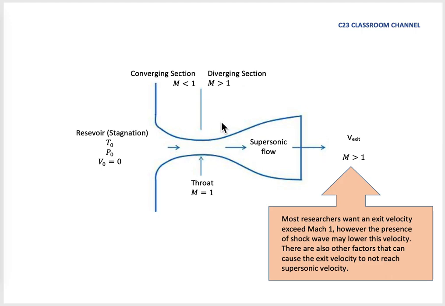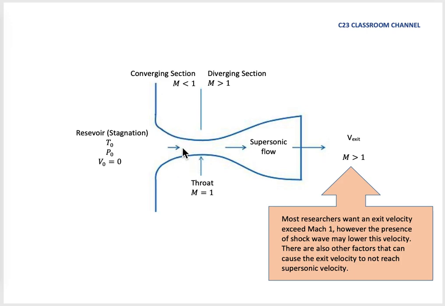So we have a convergent-divergent nozzle here, and then we have a reservoir of gas here. In a real application, we connect the convergent-divergent nozzle with an air compressor, compress the air, and release that air to the converging section.